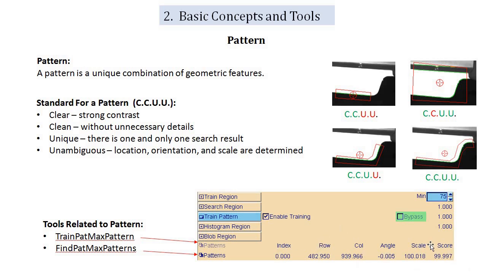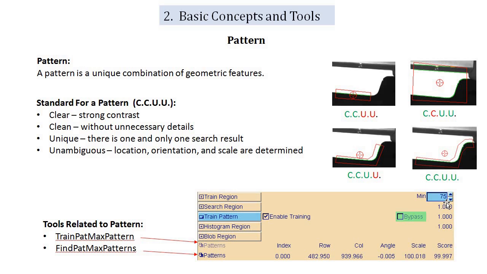Typically you will find a minimum score requirement over here. We usually require a minimum score of 75 and above in order to use a pattern to judge whether the part is good or bad.